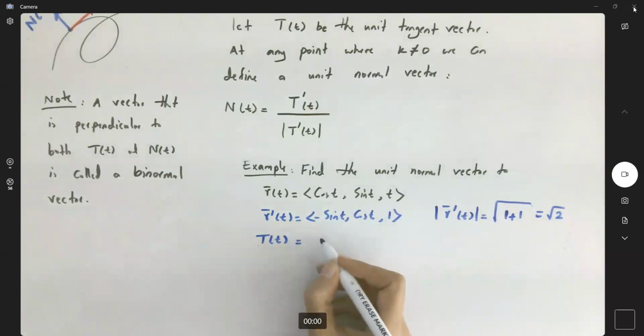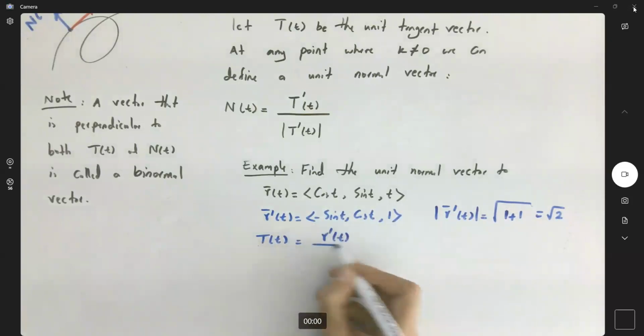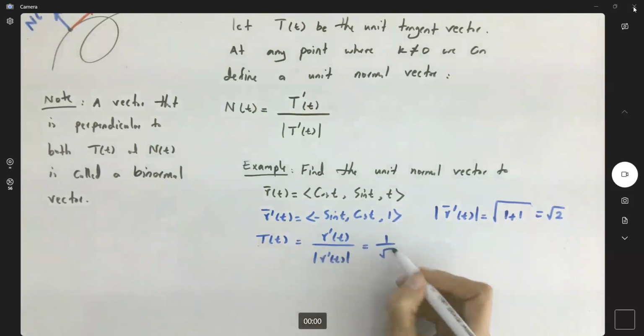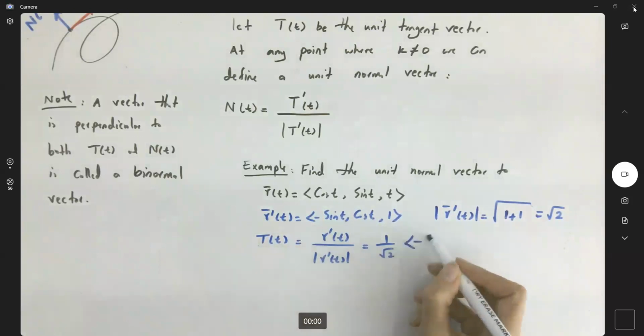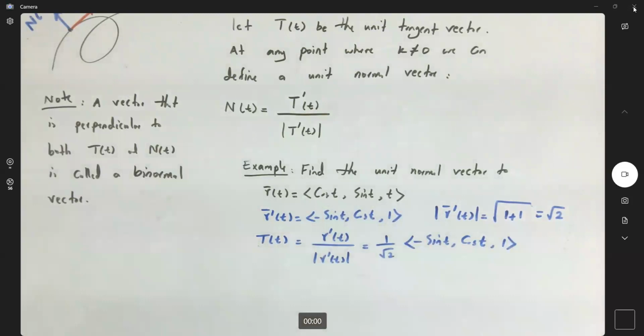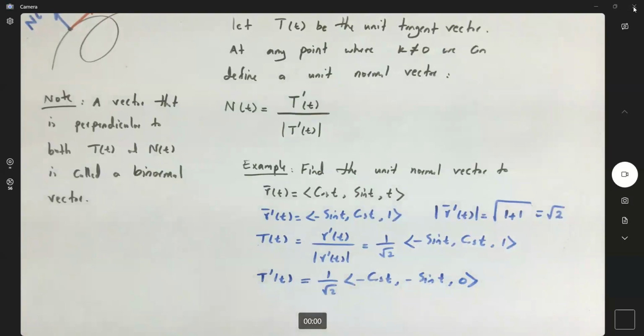It is equal to r prime divided by the magnitude of r prime, which is equal to 1 over square root of 2 times negative sine t, cosine t, and 1. Now you can take the derivative, because we need the derivative. T prime of t becomes 1 over square root of 2 times negative cosine t, negative sine t, and finally 0. Very good.